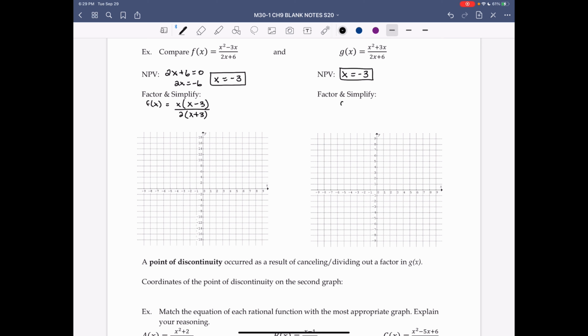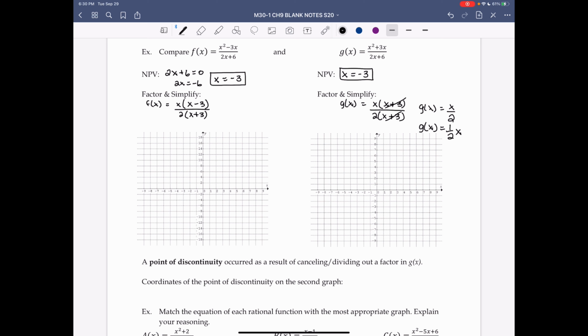Over here for g of x, we factor out the x on the top, we get x times x plus 3, and on the bottom, factor out the 2, we get 2 times x plus 3. Then we can divide out those two x plus 3's, so g of x becomes x divided by 2, which we can also write as 1/2 x.